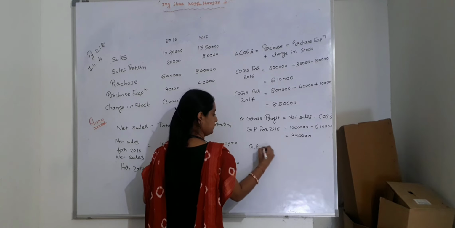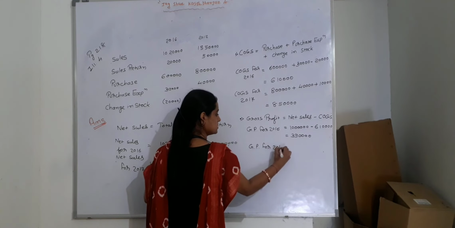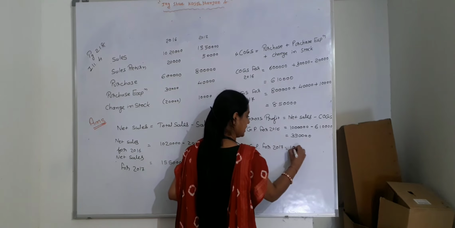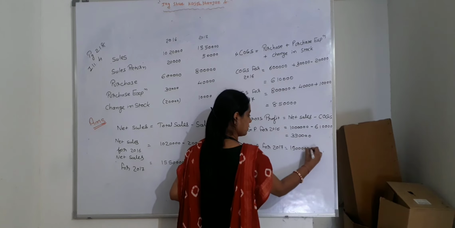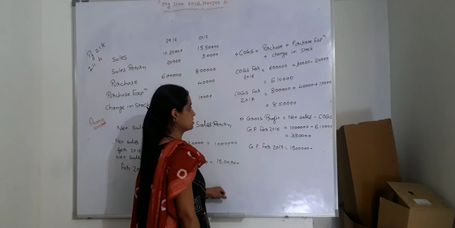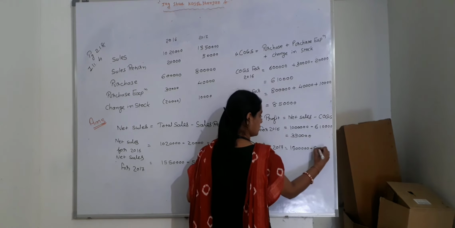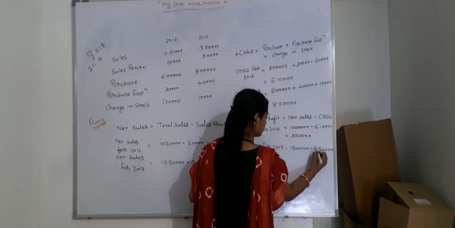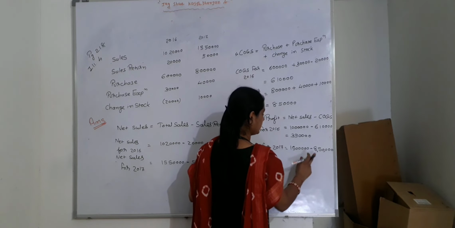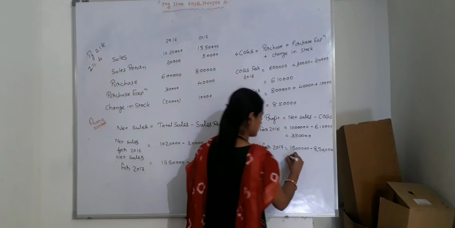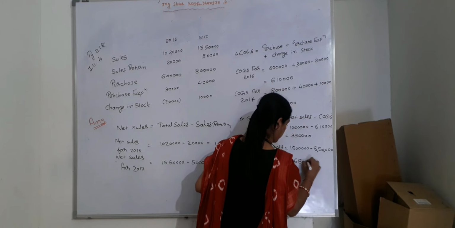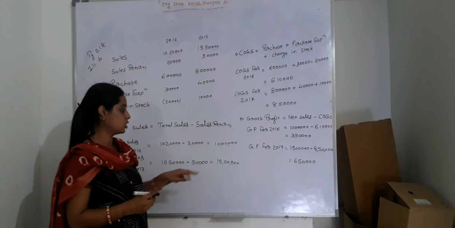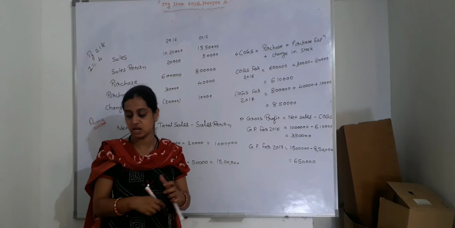Now GP for 2017 is equal to net sales 15 lakh minus COGS 8,50,000. That means we get answer 6,50,000. That is gross profit for 2017.